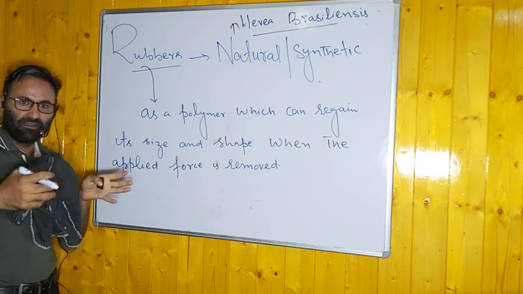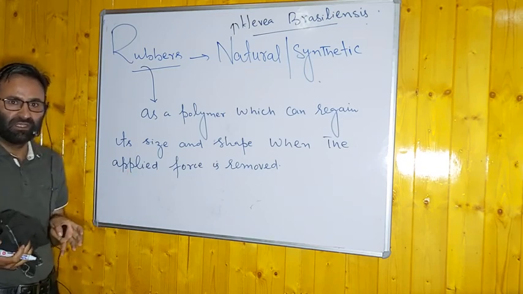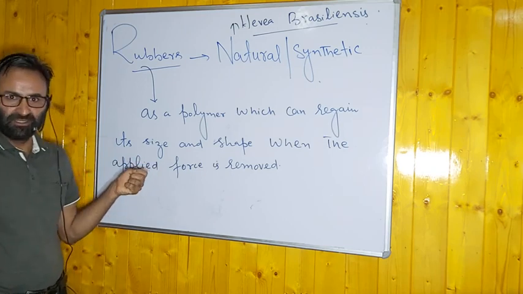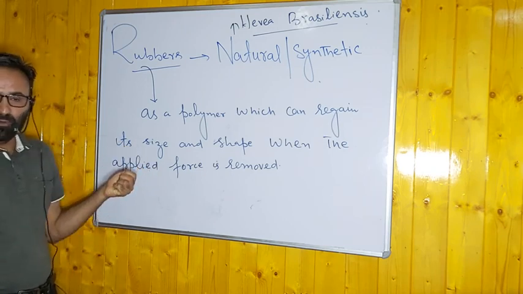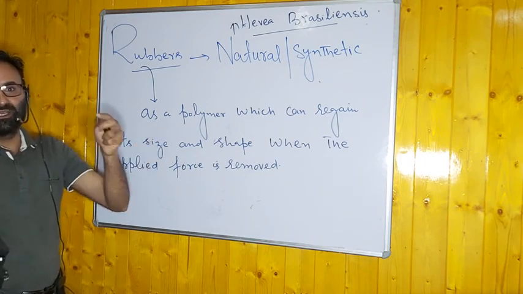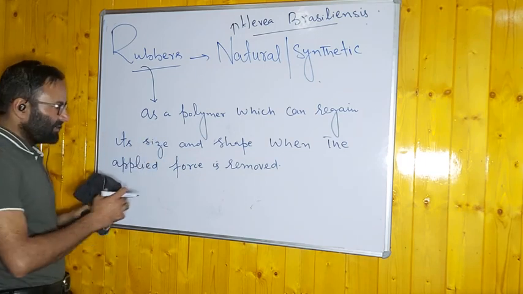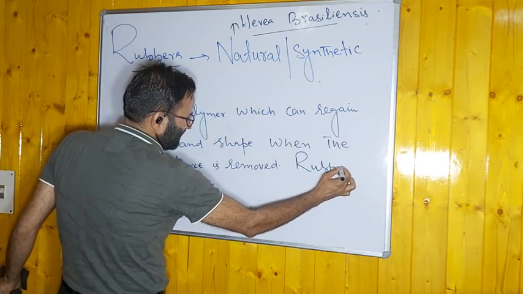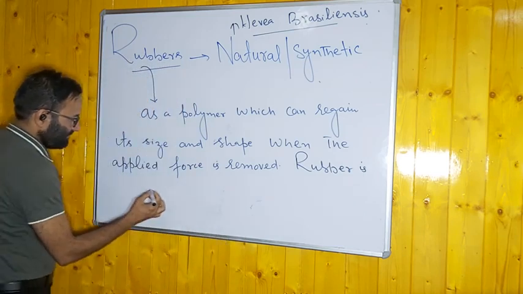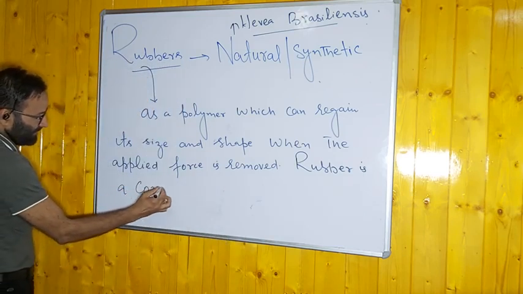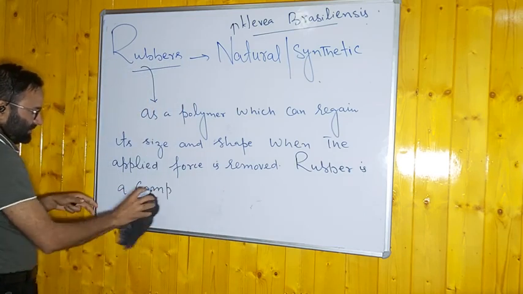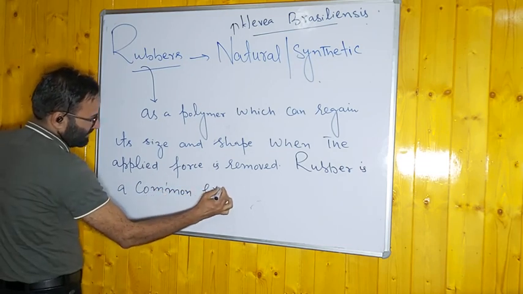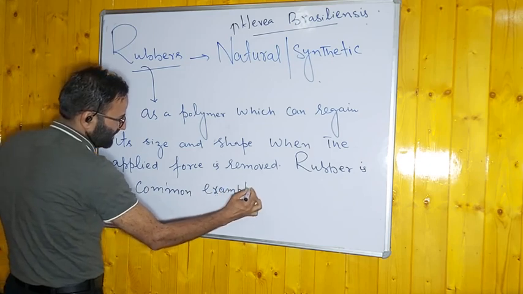It means that we have discussed this in the case of elastomers. When force is applied on an elastomer, it can be stretched, but when the applied force is removed, it regains its original size and shape. So rubber is a common example of an elastomer.